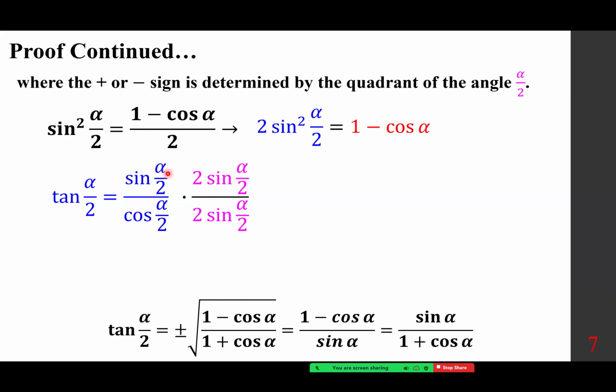Now the numerator becomes 2 sine squared alpha over 2. And the bottom becomes 2 sine alpha over 2 cosine alpha over 2. Why did I do that? Well, the numerator 2 sine squared alpha over 2 can be replaced by 1 minus cosine alpha.